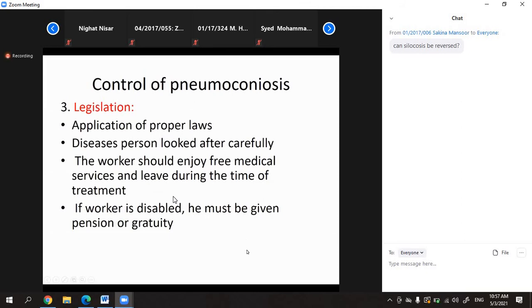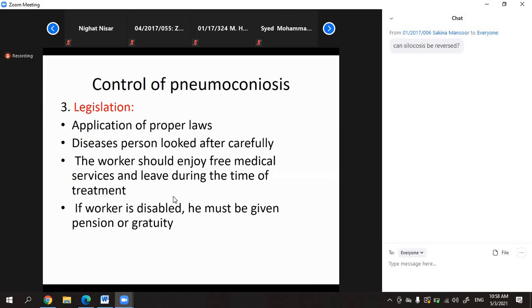Then comes legislation. In our first lecture, we went through the occupational safety agency or organization. Then there is the ILO, the International Labour Organization, and WHO has laid down protocols.